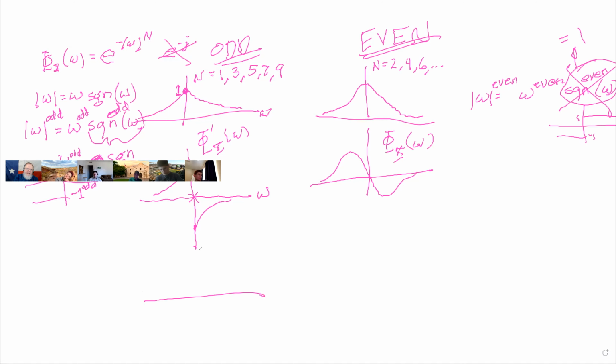The problem with odd, if you go to the second derivative, which gives us the second moment, the derivative of this discontinuity is going to give us a big fat delta function here at the origin, right?